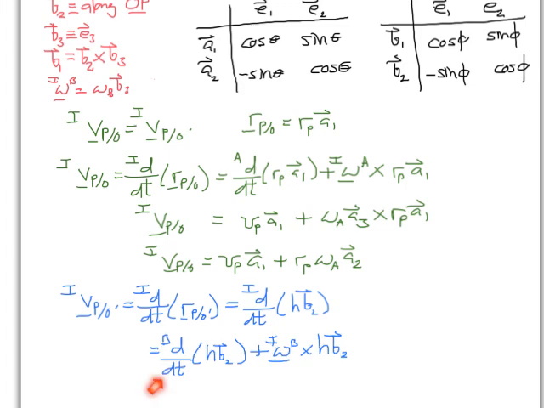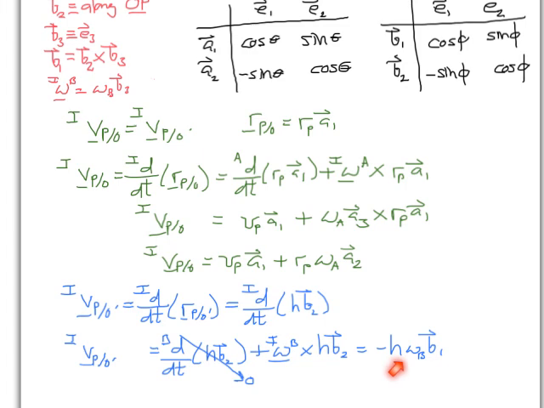The time derivative as observed in the B reference frame of H B2 is 0 because H is a scalar, so it's equal to 0, and B2 is fixed within the reference frame B, and so it's also 0. We know that omega B as observed in I is omega B in the B3 direction, and when we cross that with H B2, then we get the expression negative H omega B in the B1 direction.